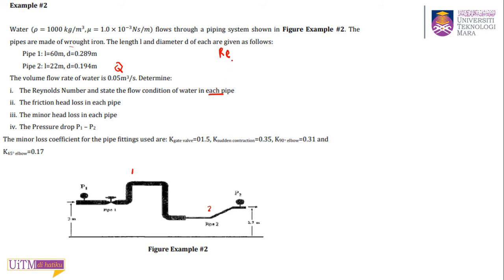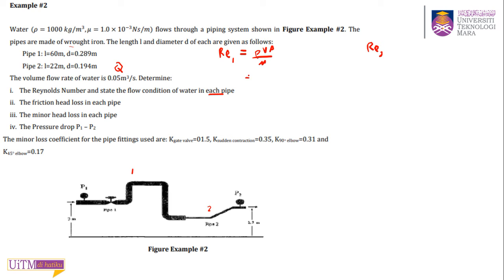One for pipe 1, another one for pipe 2. So again, what's the equation for Reynolds number? By this time you need to have memorized the Reynolds number equation. Rho VD over mu. It's quite simple actually.